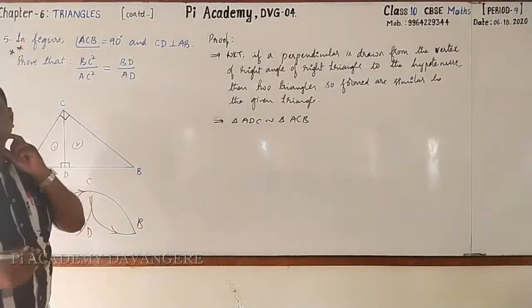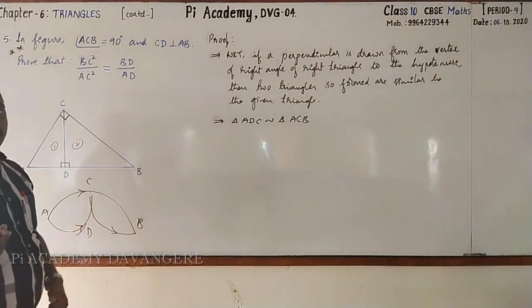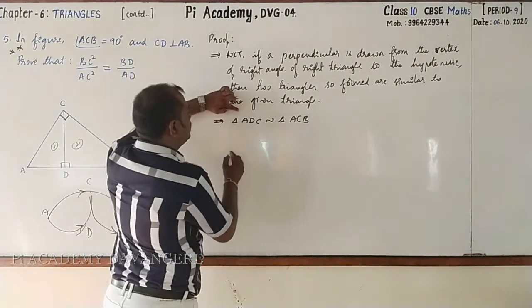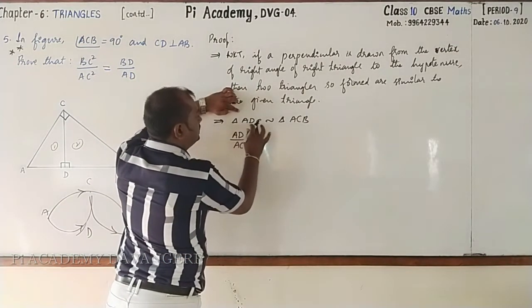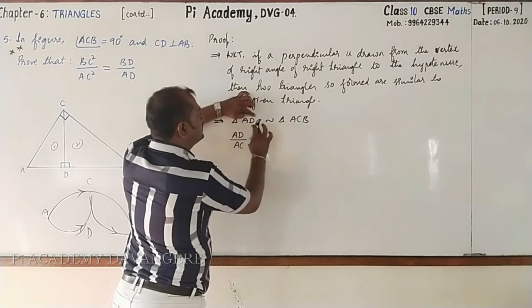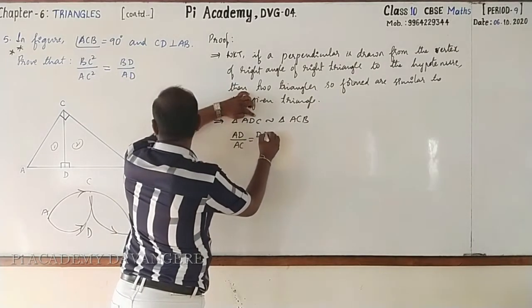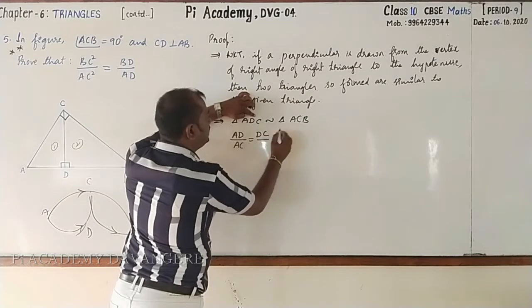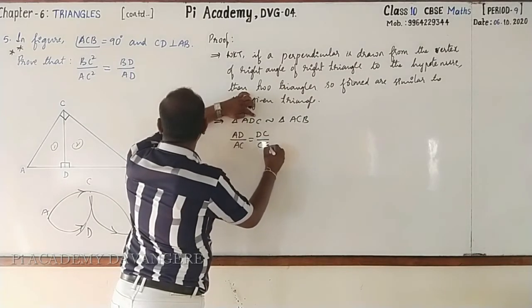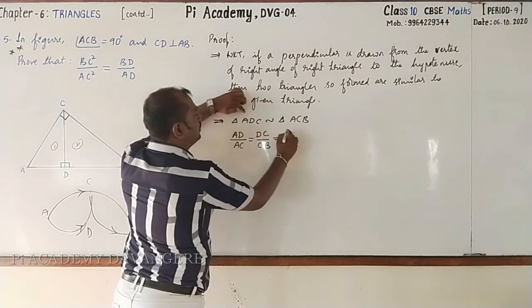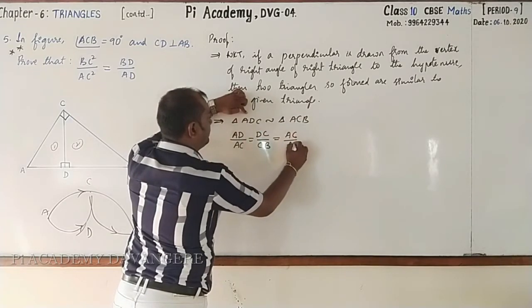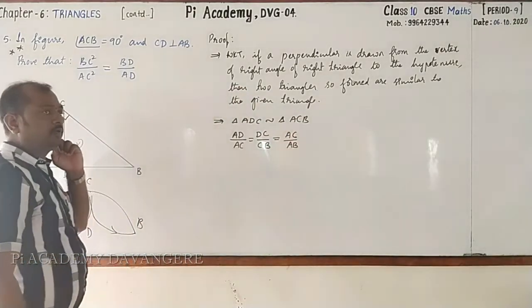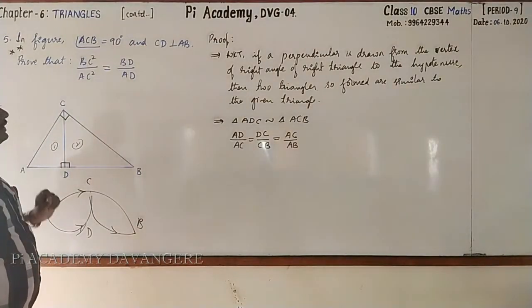Now, we all know that when two triangles are similar, their corresponding sides will be in the same ratio. Then how do you write? It is AD by AC is equal to DC by CB, or BC, is equal to AC by AB. Followed? We want BC square by AC square.